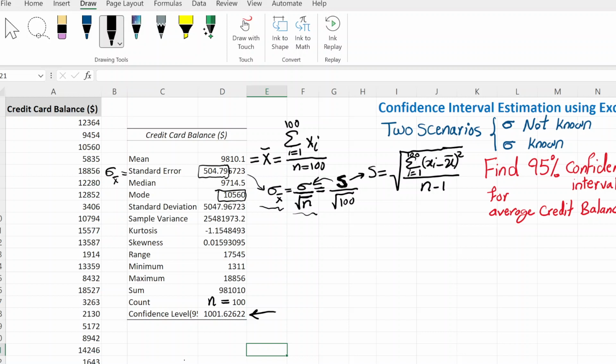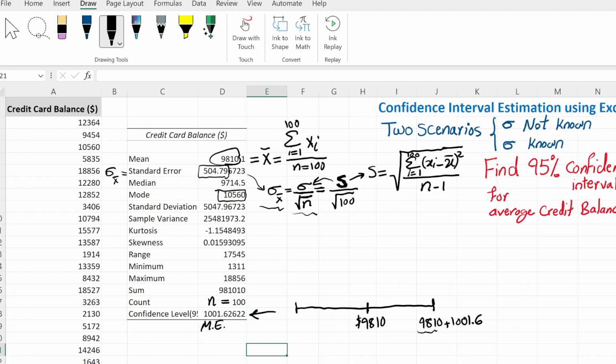It means that if we have a confidence interval like this, centered around the X bar, which is here, the $9,810, then if we go up by this margin of error, or ME, you add a margin of error to this 9,810, and you end up adding $1,001.60.